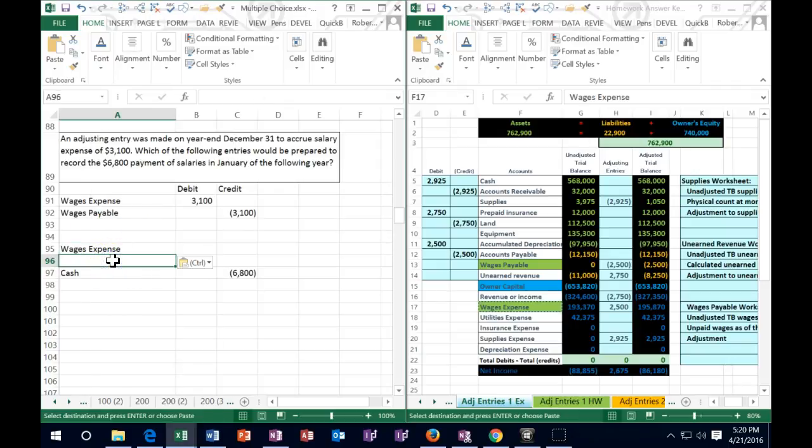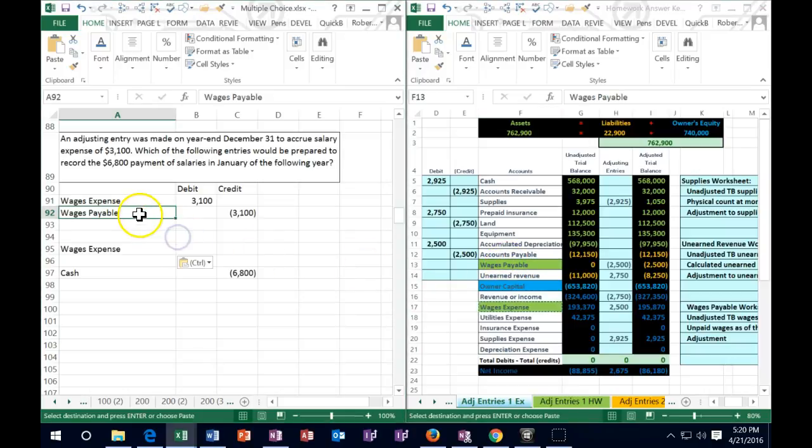Now, the problem is that only part of this $6,800 relates to the wages for the next year, for January. Some of it has already been recognized in December. How much of that $6,800 has been recognized in December as expenses in the last year? That's our accrual entry. That's the reversal that we have to make here. So we have on the books now wages payable, a permanent account that needs to be reversed.